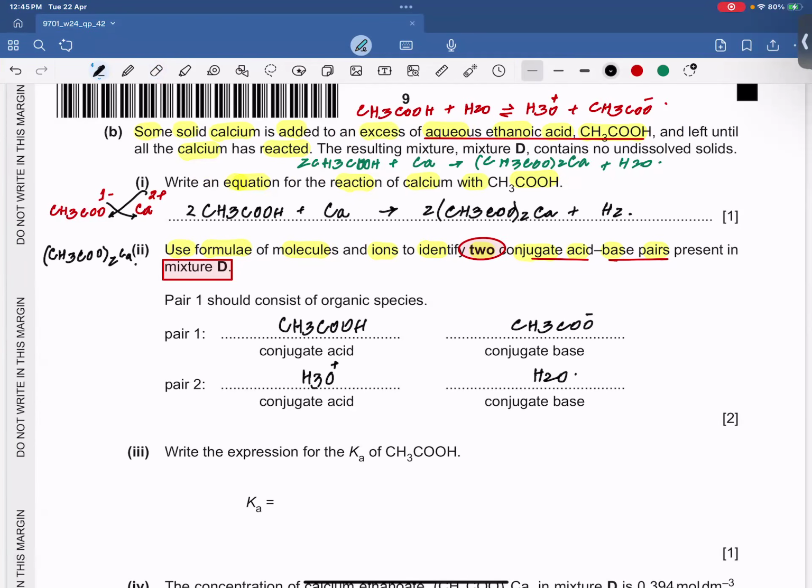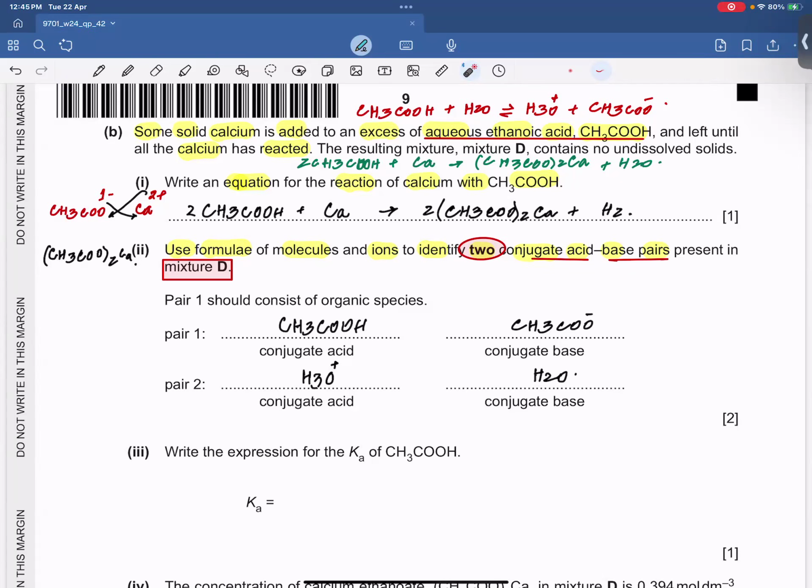H2O. Because it is a proton donor, it is a proton acceptor, which is why it is conjugate base, it is conjugate acid.